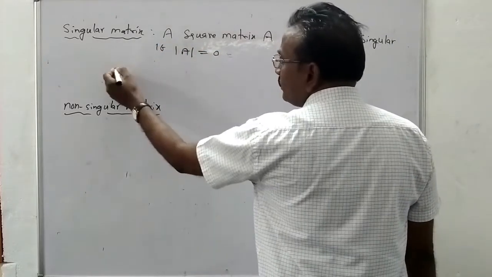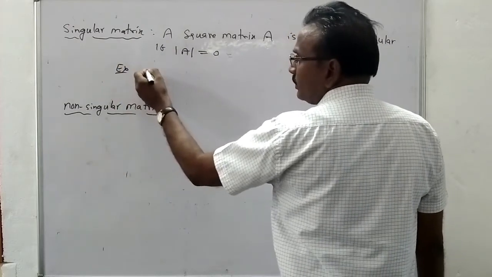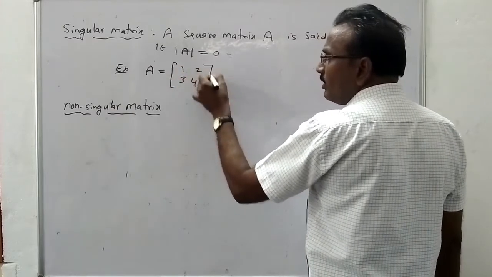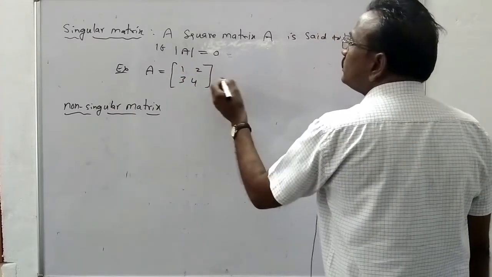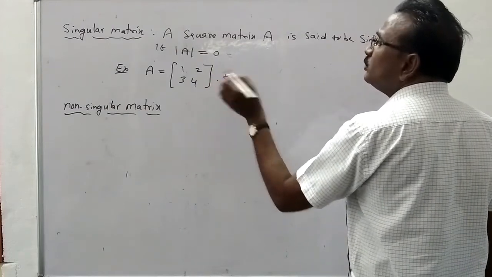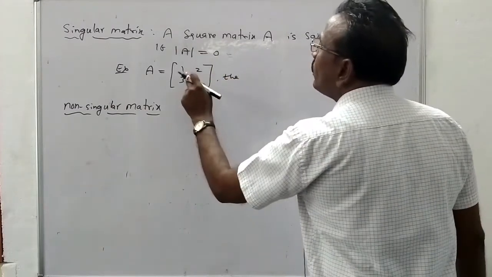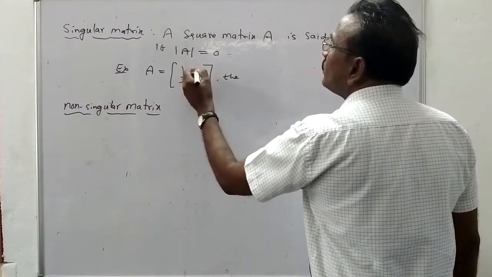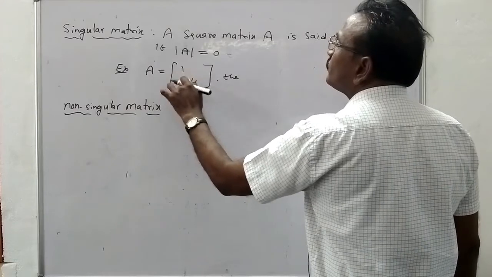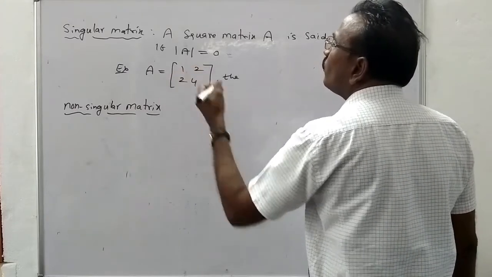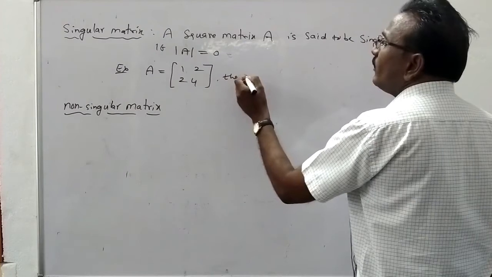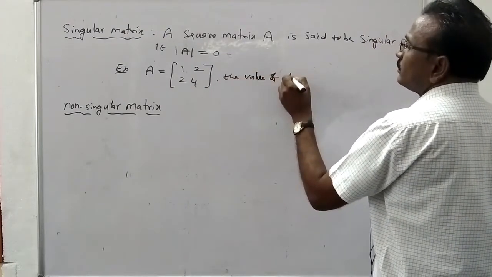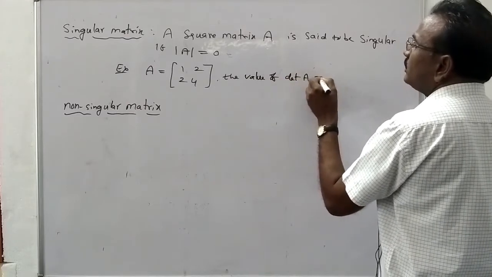For example, here A is equal to 1 2, 2 4. The value of the determinant is 1 times 4 minus 2 times 2, so 4 minus 4, which is 0. So the determinant of A is equal to 0.